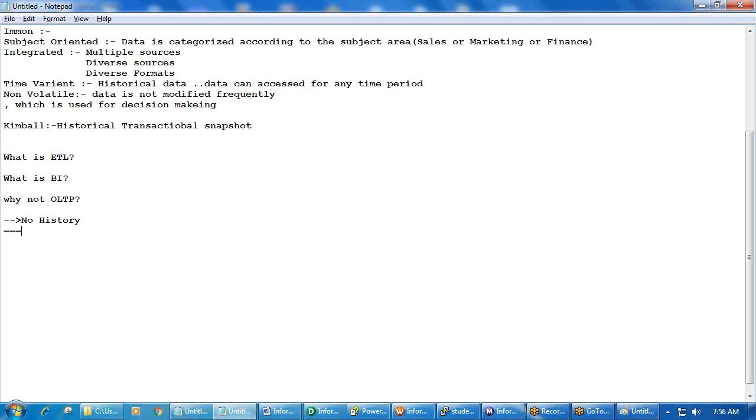The second thing is that your OLTP system is more normalized in nature. Most of the time, it is normalized up to third normal form. So what do you mean by normalization?